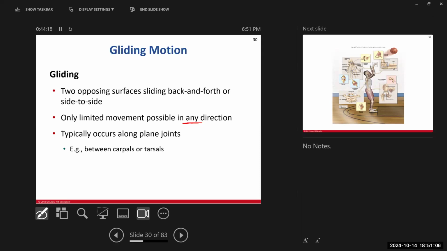A perfect example is the carpal bones: the proximal row of carpals moving on the distal row of carpals. They just do a gliding motion there. Now, each bone by itself doesn't produce a significant amount of motion, but when we add all the motions for all the bones in those joints moving, we'll start to see a much larger overall movement pattern. We'll speak to this here shortly.